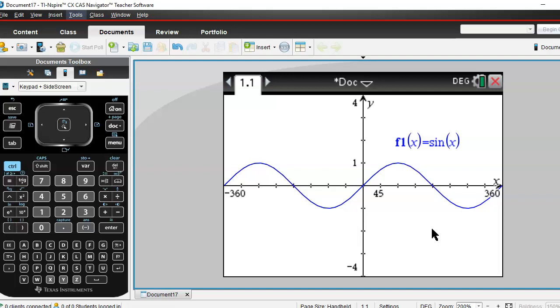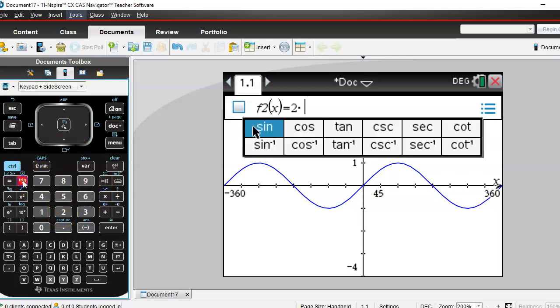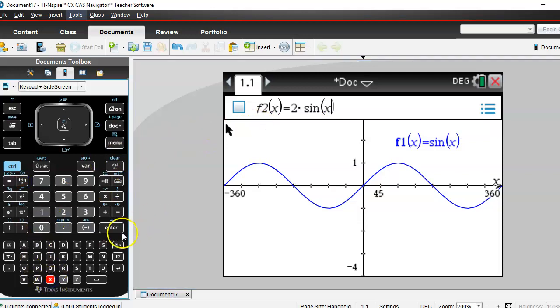Okay, so let's make another graph. To get our functions up, tab, if I arrow up, I see, oh, there's my original function. All right, let's look at this amplitude. So I'm going to go 2 times sine x.